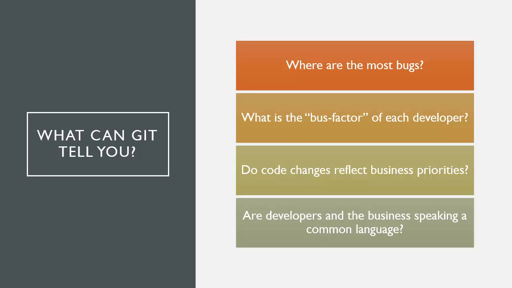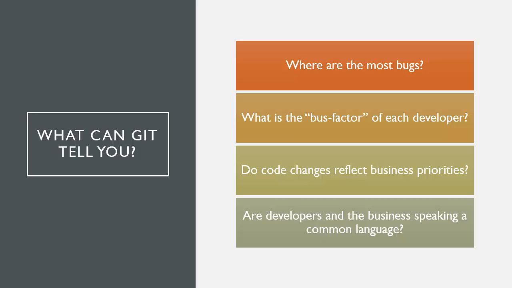So if you have bug numbers in the commits, then you can identify the commits that are fixing bugs. And with tools like libgit2sharp, we can see what files are involved in fixing those bugs. And then we can use that information to create a map of where those bugs are within the system. So we can find out what are the most buggy areas of code. Perhaps they're worth more of our attention.